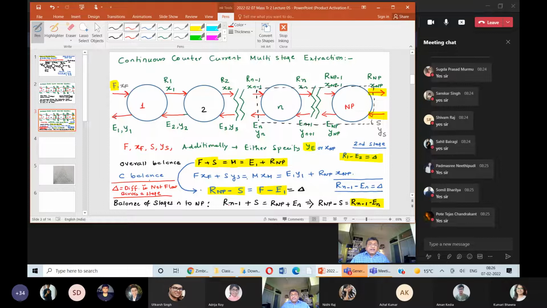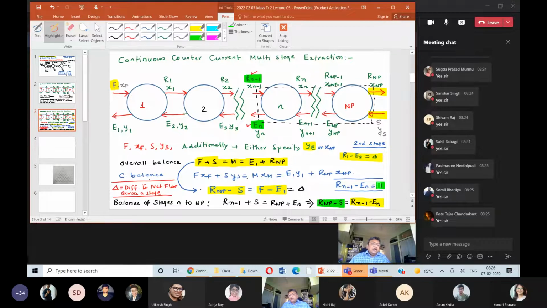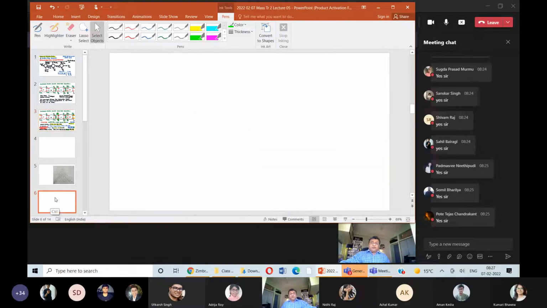And that's exactly what this equation shows you, that R_(n-1) minus E_n, sorry, the slide is becoming a little cumbersome, is again equal to R_NP minus S, which is equal to delta. Is this clear now to everyone? Those of you even mechanically wrote yes sir to me.